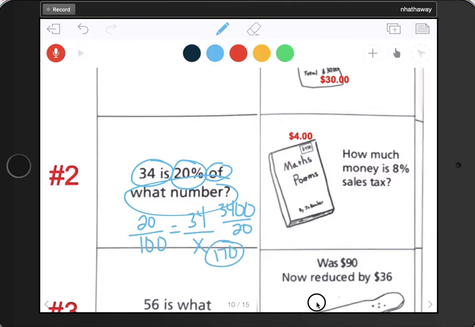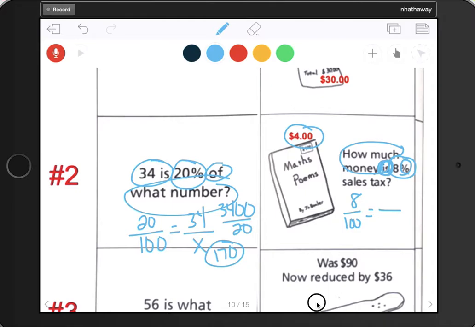And the second part of number 2: how much money is 8% on this $4 book? Our percent has that percent symbol. 8% goes over 100 always. Now $4, is that our part or our whole? Think about it.